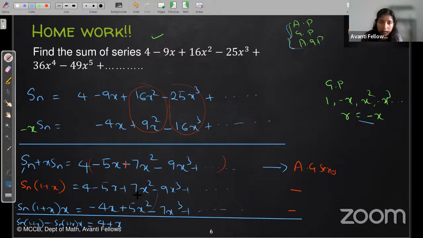Difference of these two terms. 7x squared minus 5x squared will be what? Plus 2x squared. Here, minus x cubed minus of minus 7x cubed will be minus 2x cubed. Okay? So these are the terms.